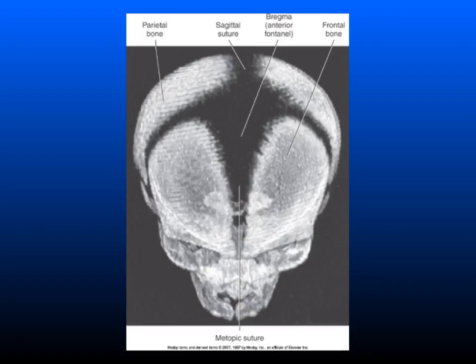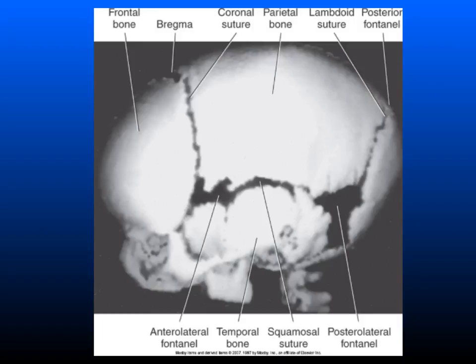The rest of the fontanelles, when the baby is born, are pretty hard and eventually get calcified. Those are also important if you're ever doing a pediatric CT; you need to know those fontanelles. The biggest one is the bregma, or the anterior fontanelle, which we just talked about.